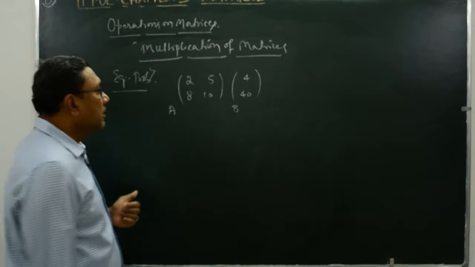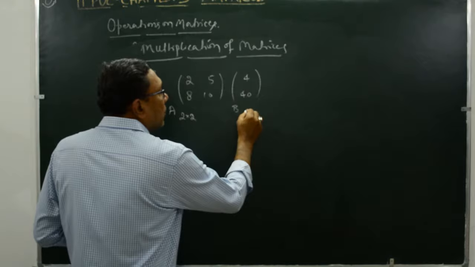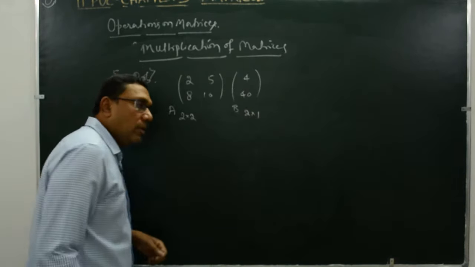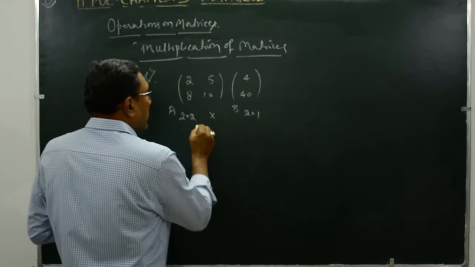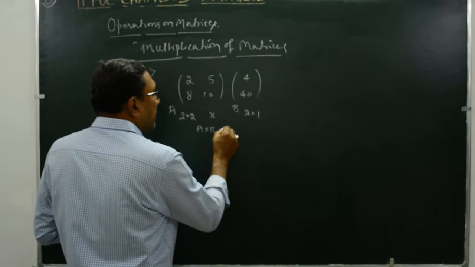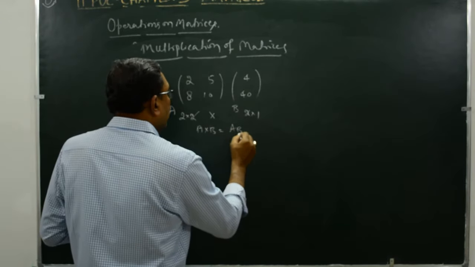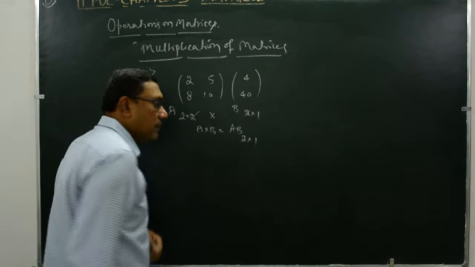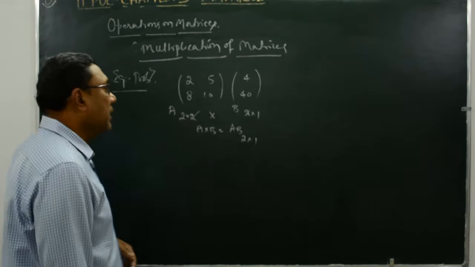The first one is 2 cross 2 and the second one is 2 rows and a single column. When we multiply these two matrices, the resultant matrix A cross B will be of order 2 by 1.